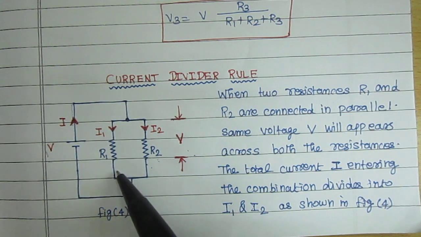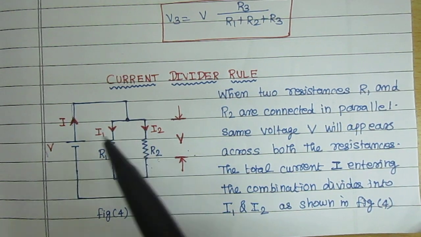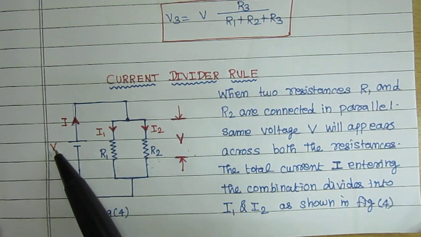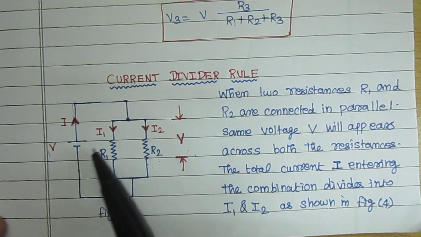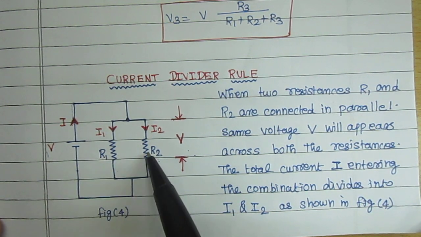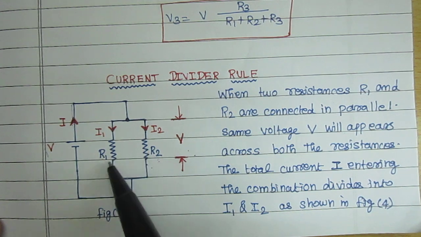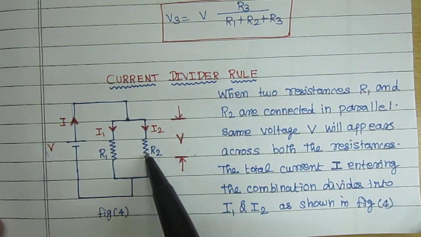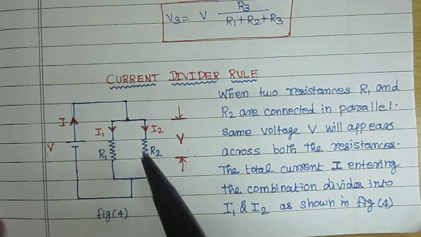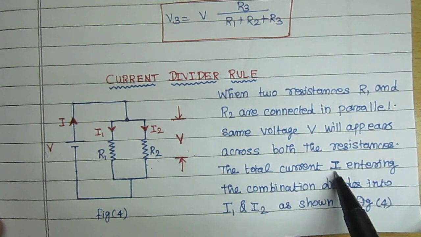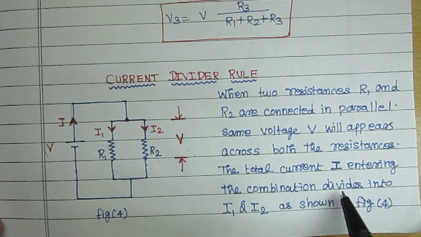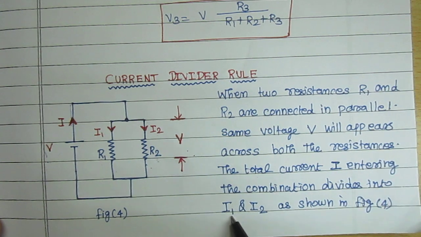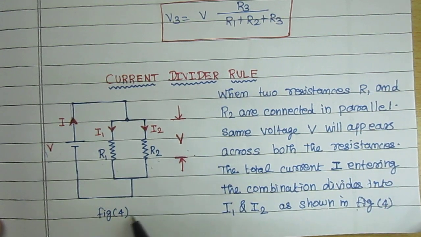The voltage across R1 and across R2 is the same, equal to the applied or supply voltage. The main concept for parallel is that the voltage remains constant and the current differs. The total current I entering the combination divides into I1 and I2 as shown in figure 4.